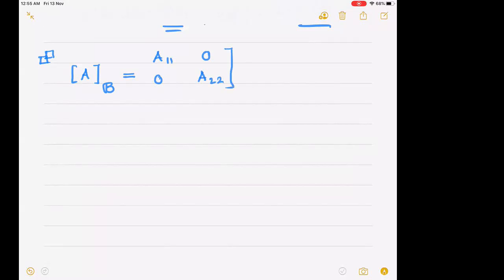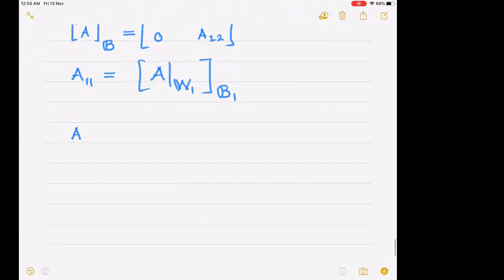We have seen earlier that A11 is nothing but A restricted to the invariant subspace W1, represented in the basis B1. Similarly, A22 is nothing but A restricted to the invariant subspace W2, represented in the basis B2.